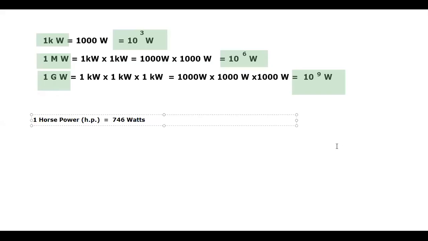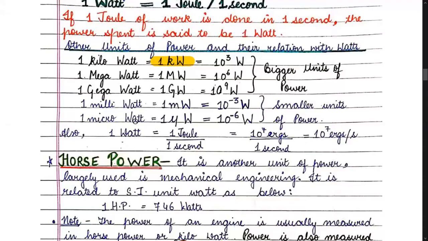So children, all these conversions you have to learn, since they will be used in numericals also. Similarly, you can see smaller units also, 1 milliwatt and microwatt. Milli means 10 raised to power minus 3, 1 by 1000. And microwatt means 10 raised to power minus 6 watts.